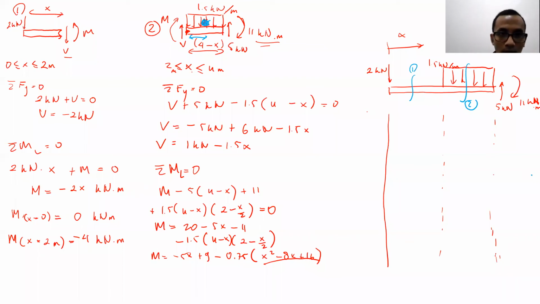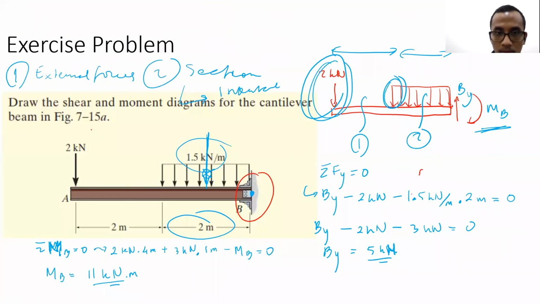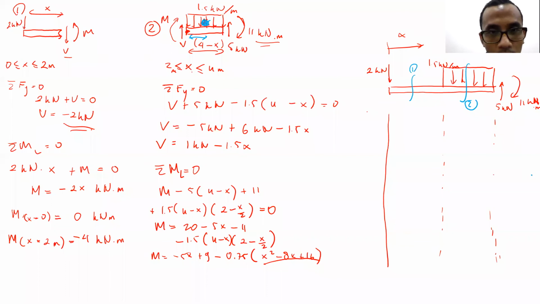Okay, the shear force diagram is the value is constant minus 2 kilonewton, and then linear going down. Linear going down from minus 2 kilonewton until x equal to 4 meter.